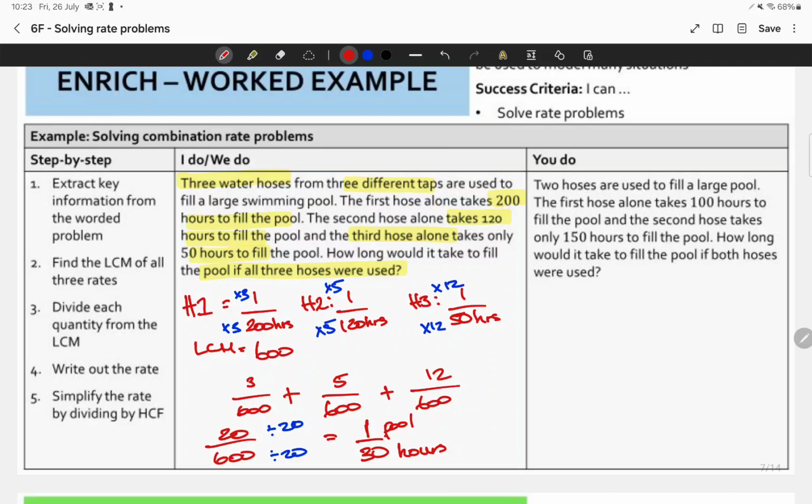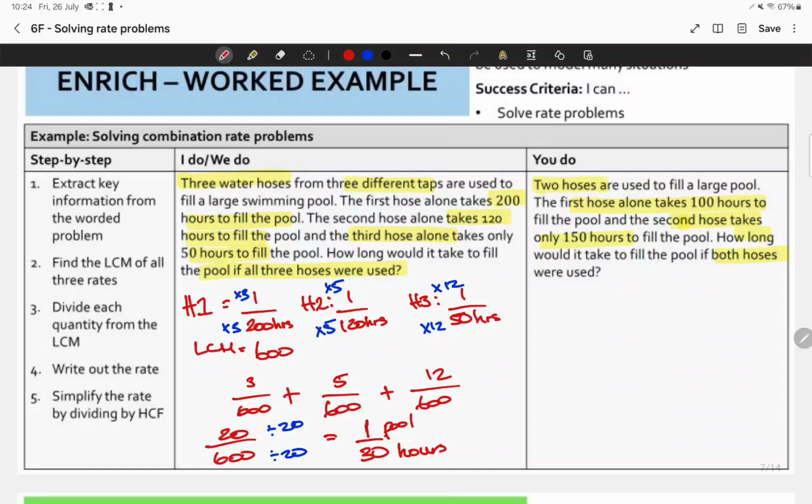So let us go through the second worked example on here. This time you only have 2 hoses. So 2 hoses fill up the large pool. The first hose takes 200 hours and then the second hose takes 150 hours. Okay, how long does it take to fill up the pool if both of them were used?